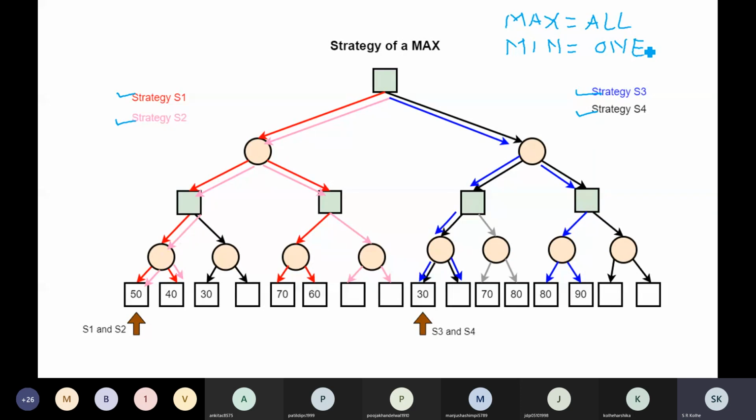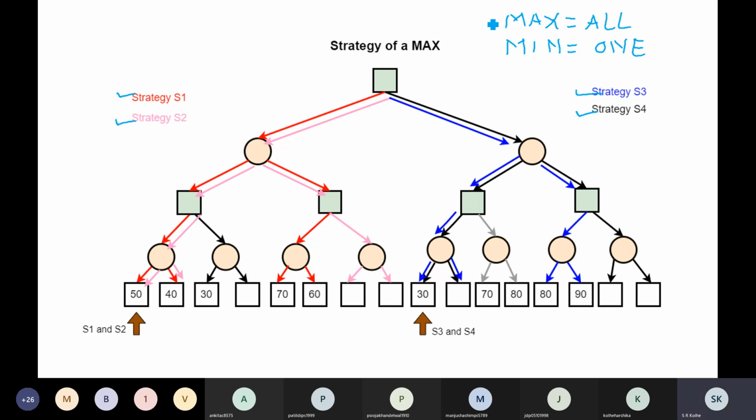Leaf nodes of what? Which will cover all strategies, right? Set of leaf nodes which will cover all strategies, okay? What is your objective? You will have to find out a set of leaf nodes which will cover all strategies. So for that purpose we select all at max and one at min.